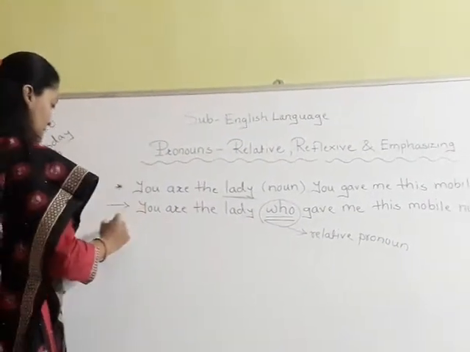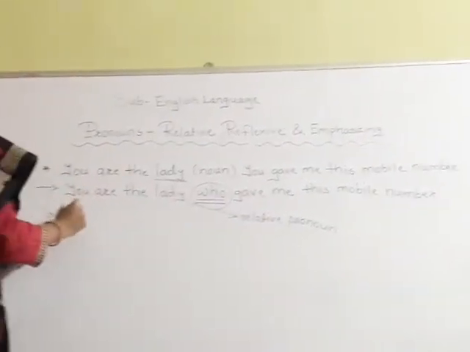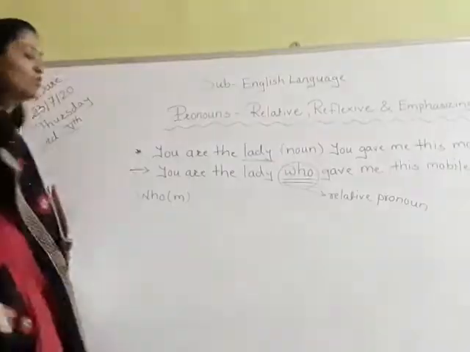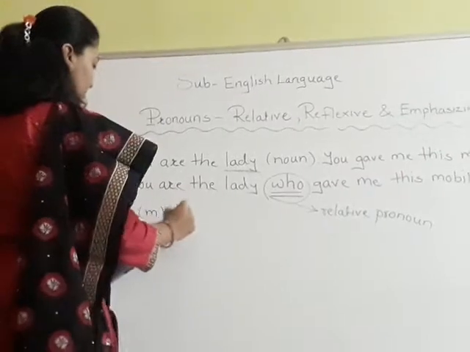Now next is who or whom. Who, and in brackets m is given here, means we can use who or we can use whom. Whom do you wish to meet?